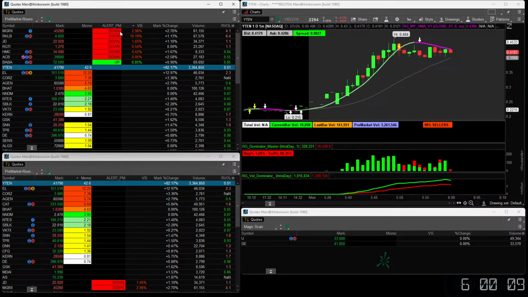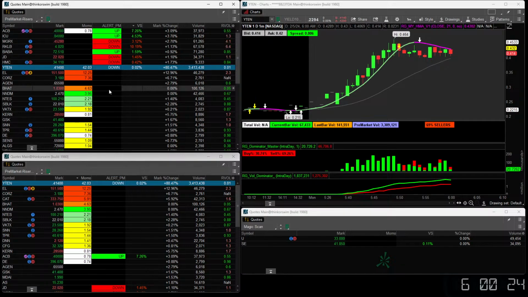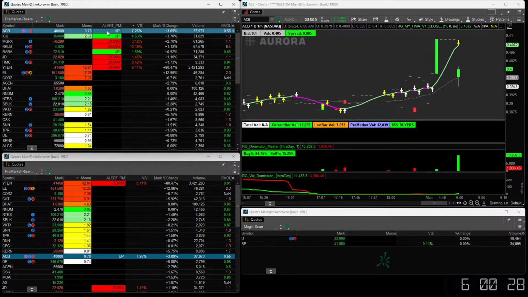Well, that's not what I wanted to see. You can see the volume spike is red. So is the alert. Let's see where we end up. Let me check this top one. ACB.